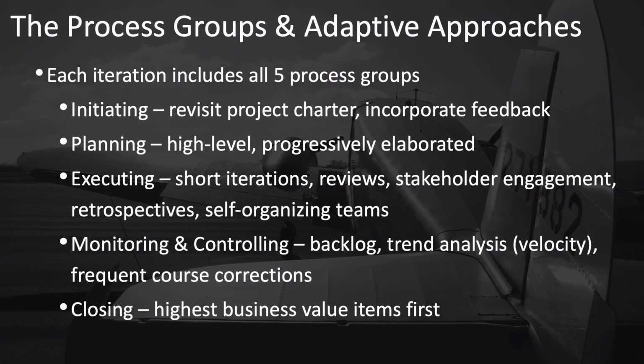The monitoring and controlling processes are implemented using a backlog of prioritized rank-ordered items to work on, as well as trend analysis in which you can compare actuals to plans and forecast trends and calculate what is known as the velocity, which is a measure of the productivity of the team, and to provide frequent course corrections.